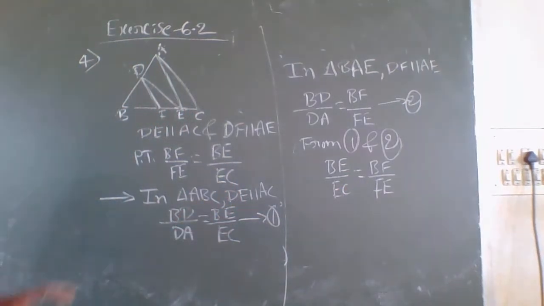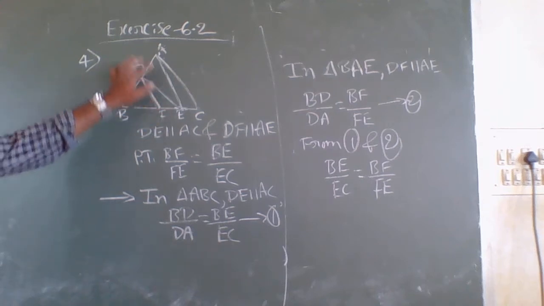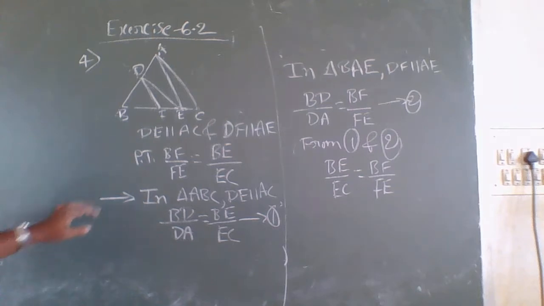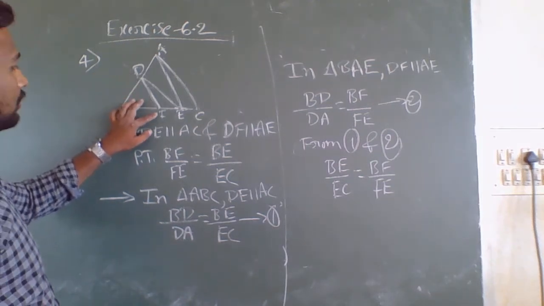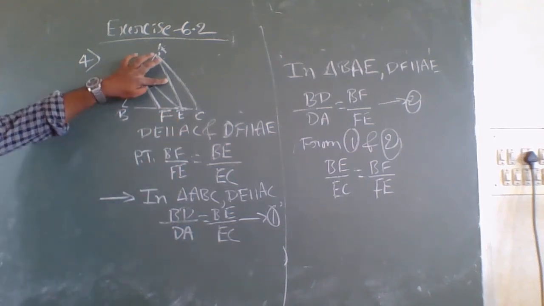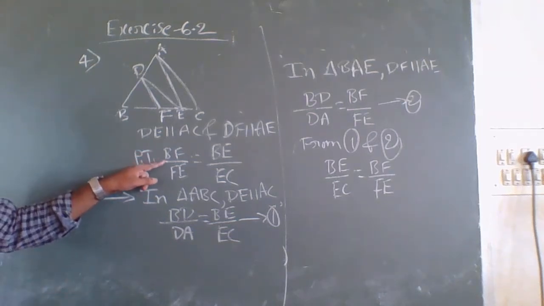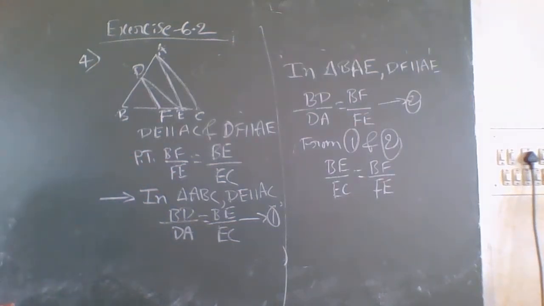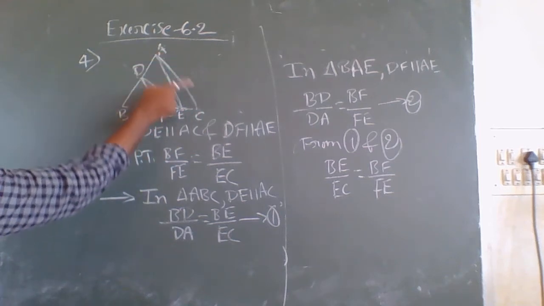See here, they have given DE is parallel to AC and DF is parallel to AE. First I consider triangle ABC, because DE is parallel to AC.